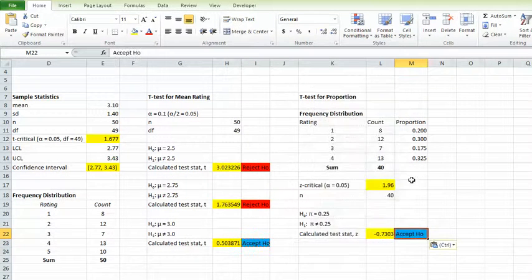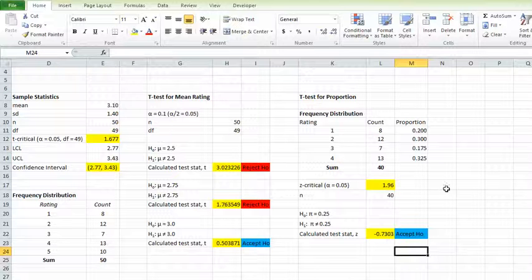Yes. Negative 0.703 falls inside, more towards the middle of negative 1.96. And so thinking about our distribution, that's well within the accept H0 region. And so we say we accept H0.